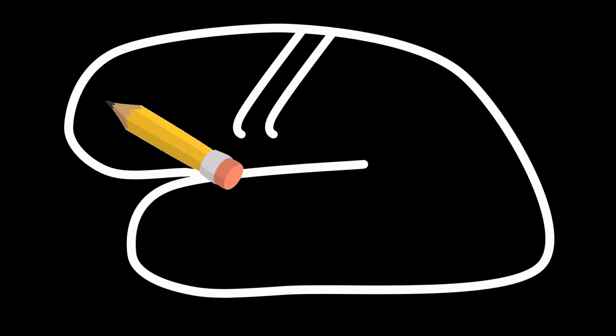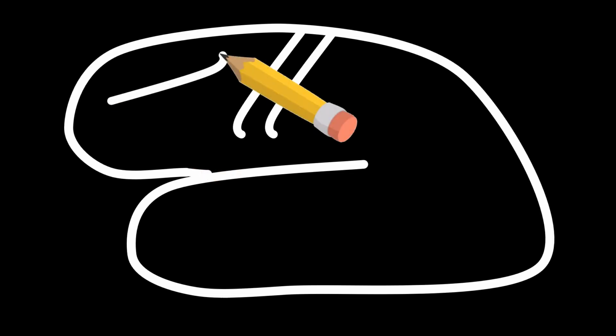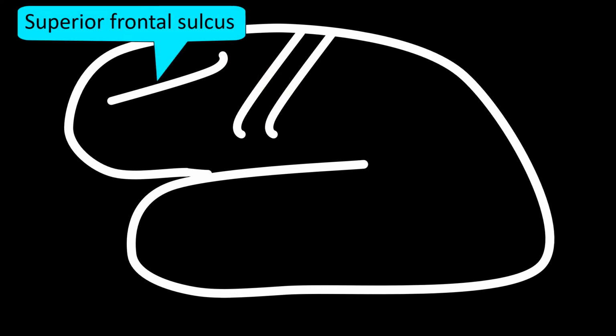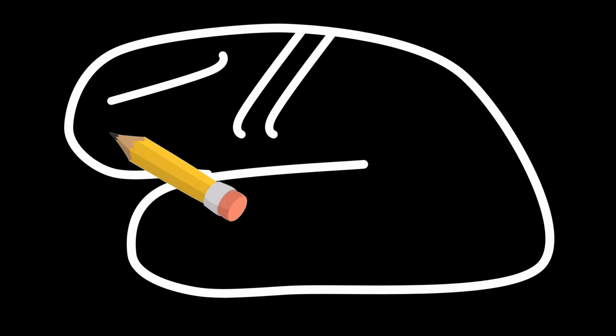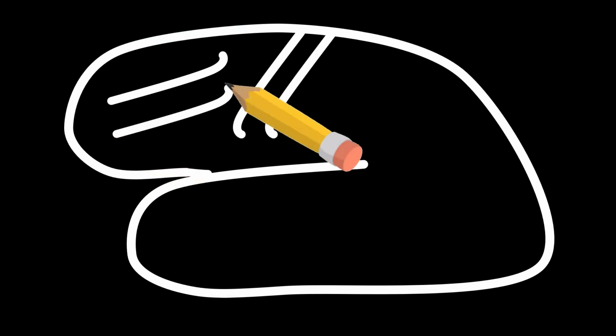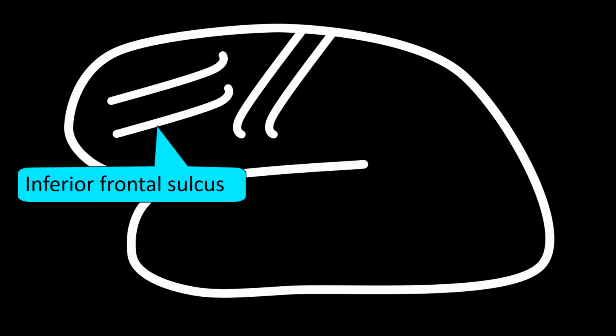Then move the pencil to close to the frontal pole and draw a line towards the precentral sulcus, but slanted up at the end. This is the superior frontal sulcus. Go just below and draw a similar line. This is the inferior frontal sulcus.